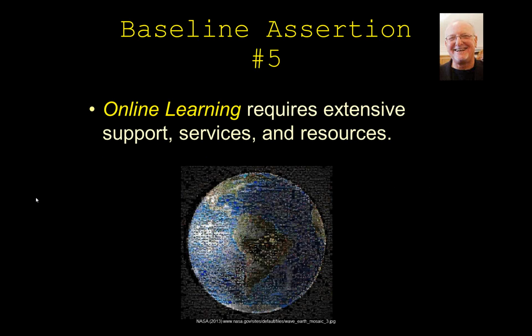Number 5, online learning requires extensive support, services, and resources. This is a great visual, by the way. If you get a chance, go to the NASA site and see this. This is everybody waving simultaneously. NASA did this thing in August, and it's live and interactive. But what I put it here for is as a metaphor for the pervasiveness of potential resources and services and support, the need and the delivery globally.